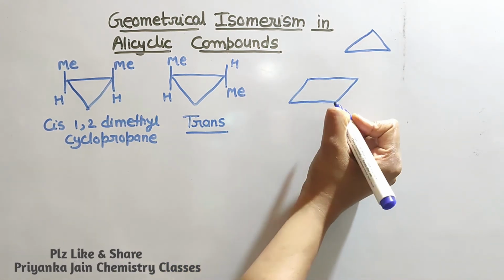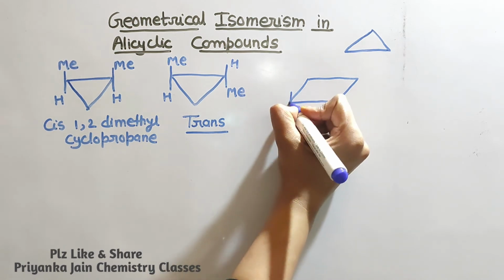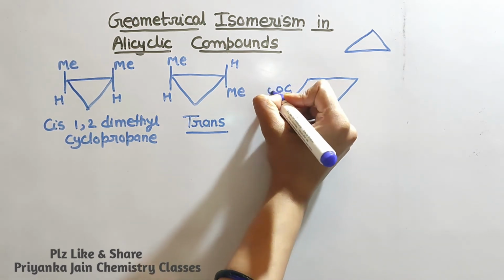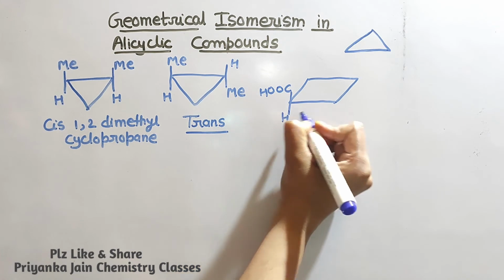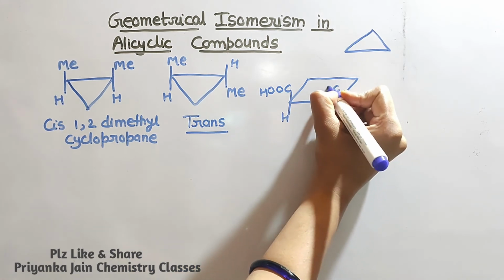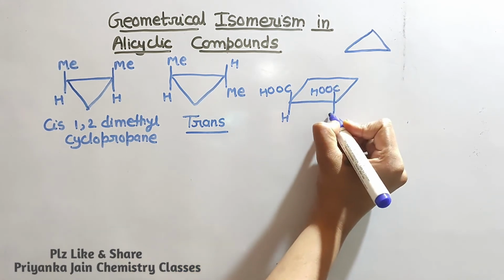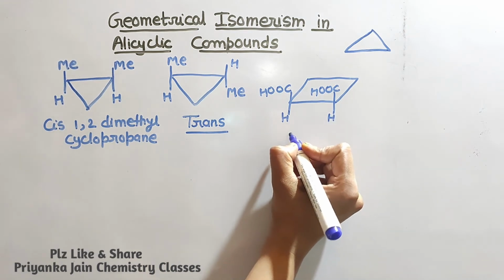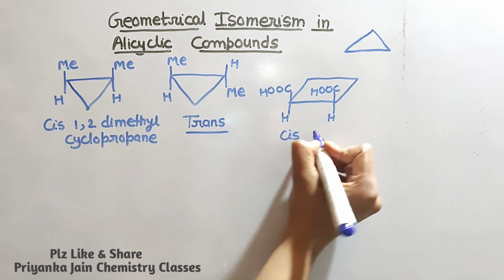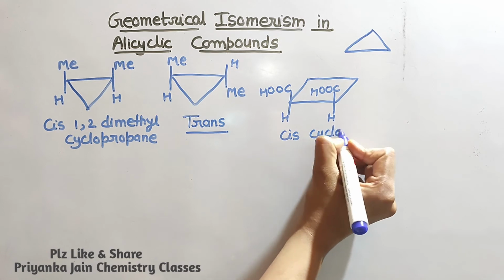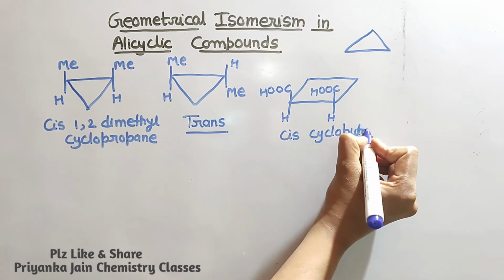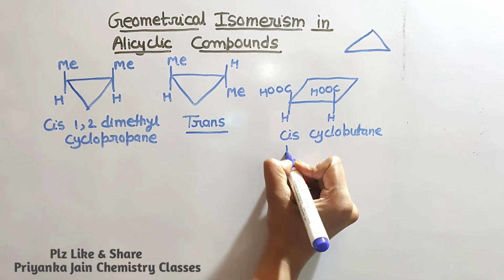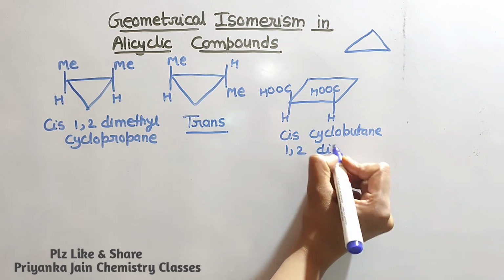If we take the example of cyclobutane, here we have taken the COOH group. If the two COOH groups are on the same side, then this is called the cis isomer, cis-cyclobutane-1,2-dicarboxylic acid.